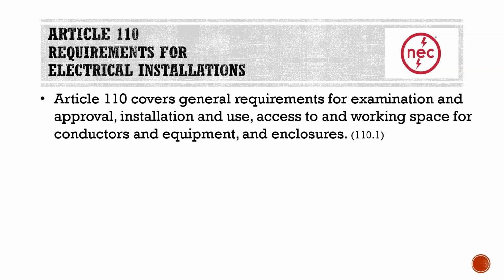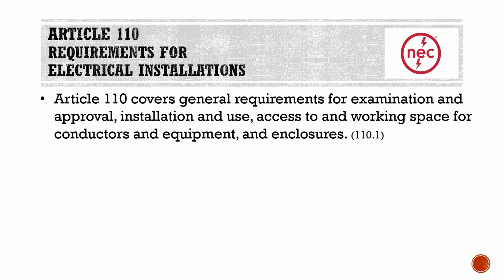So starting here at Article 110, if you're following along in your NEC for a 2017 edition, this is going to be page 43. Article 110 covers general requirements for examination and approval, installation, use, and access to and working space for conductors and equipment and enclosures. Essentially, Article 110 is just general safety requirements; that's how I tend to view 110.